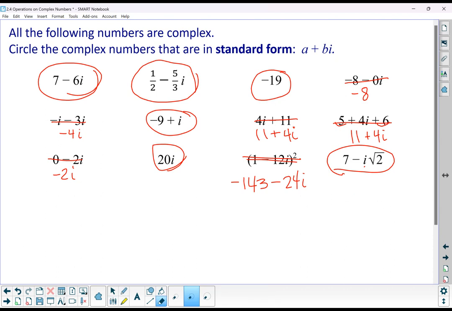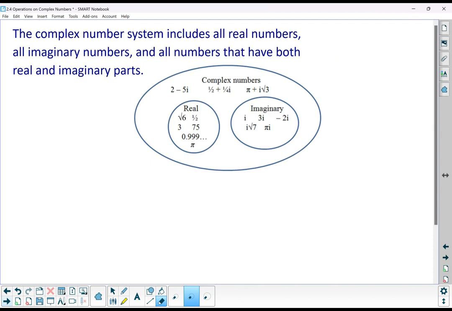So that is considered standard form. Okay, so all of our answers as we start doing operations with complex numbers, all of our answers we want to report in standard form. Real part first, imaginary part second.